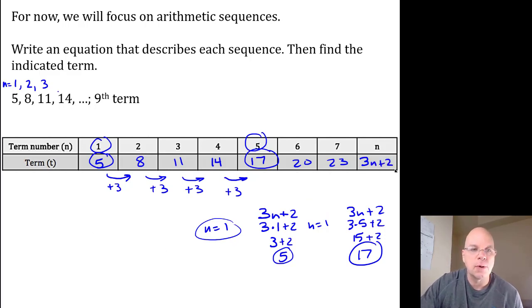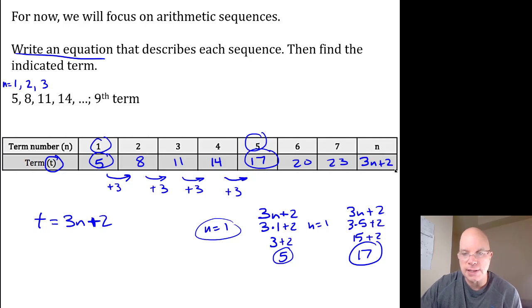The way you make it an equation is you understand that the term t is based on the rule. So t equals 3n plus 2. And so I could find any value of t, like I could find this value of t using the rule. When n equals 7, I should get 23. Or you know what we could do?